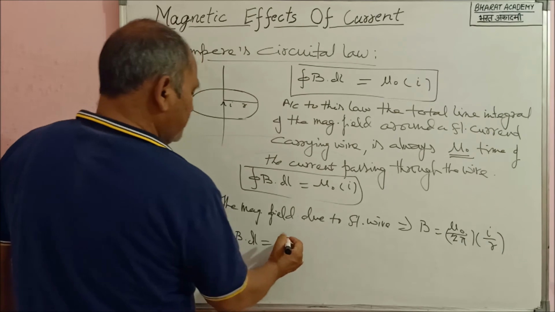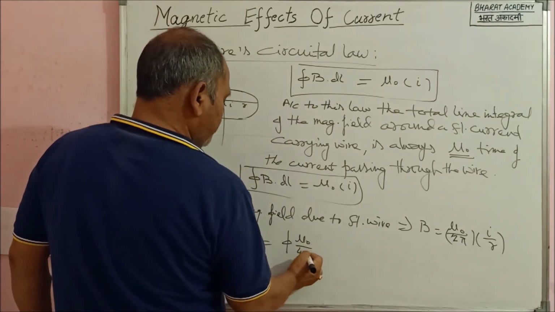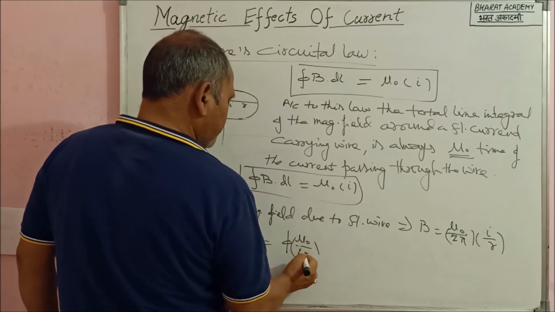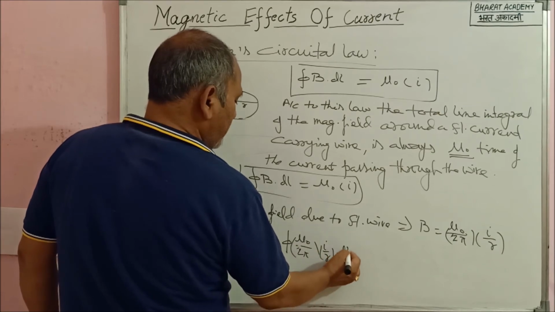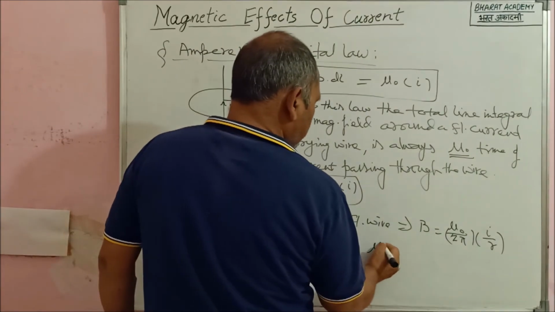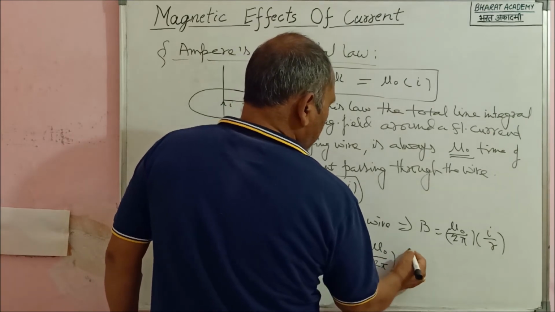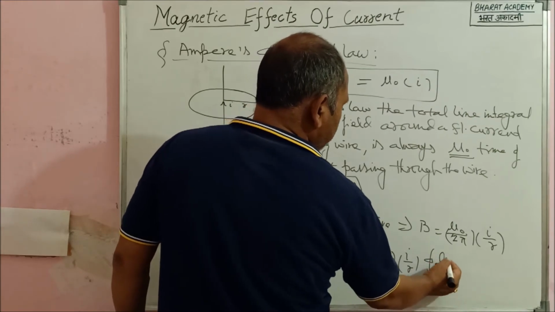It will be closed integral of mu 0 by, not 4 pi, 2 pi I by R into dl, or mu 0 by 2 pi I by r into closed integral of dl.